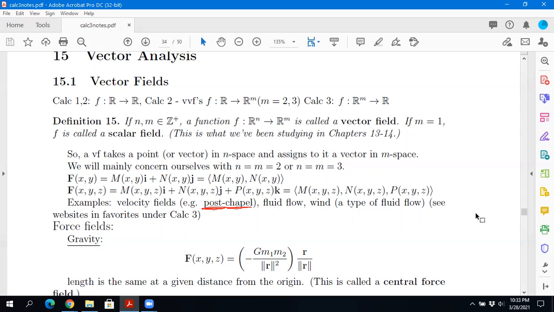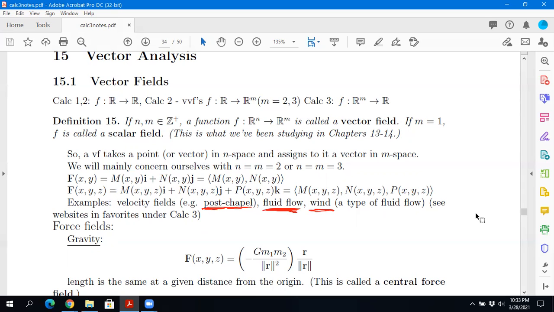In that sense, if I was hovering above and looking down, it'd be a two-dimensional vector field. A fluid flow, you can either think of as on a surface itself so that it's two-dimensional, or you can think of it as three-dimensional. And wind, which really is a type of fluid flow as well, you probably see on the news.